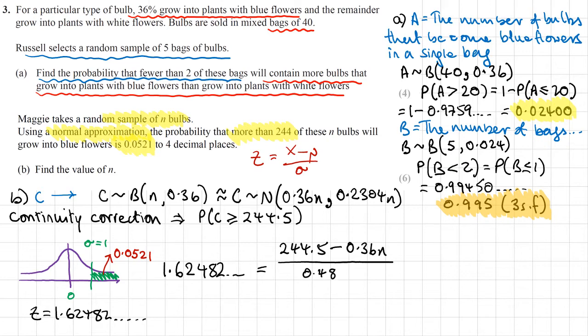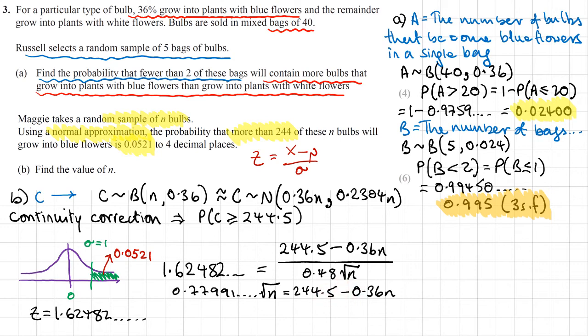So let's get rid of this here, and we can basically write this as 0.48 root n. Right, so if I now multiply both sides by this 0.48 root n, that will give me 0.77991 root n is equal to 244.5 minus 0.36n. Now I can't make n the subject, but what I can do is turn this into something that looks a bit like a quadratic.